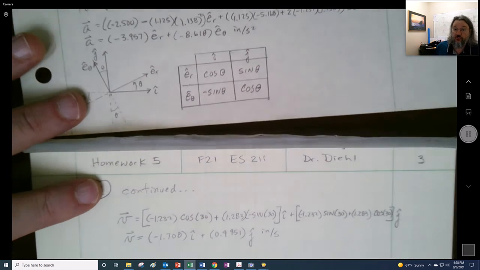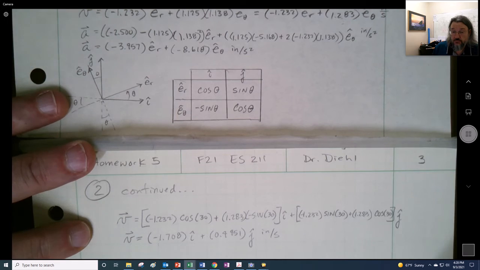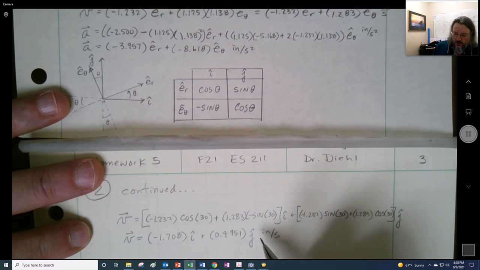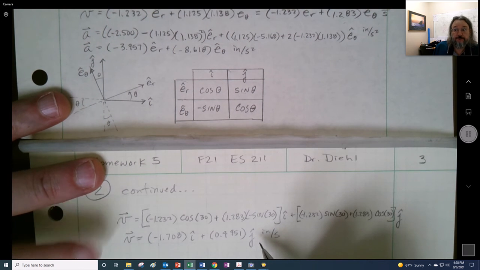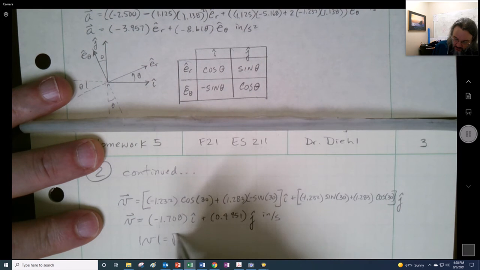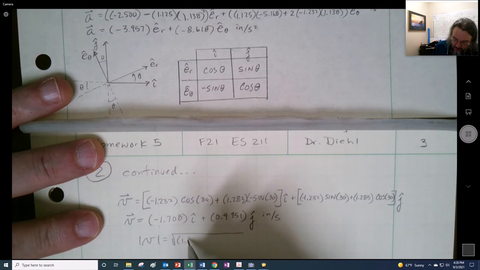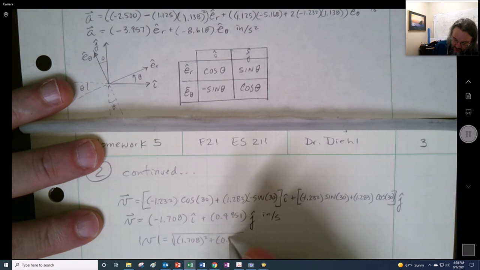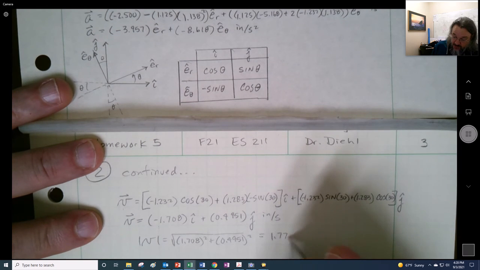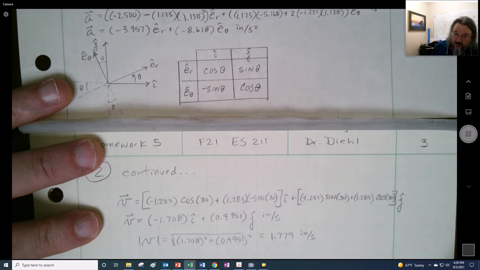Now, something that would be a really good idea right here, especially if you want to get the bonus, is to find the magnitude and direction of the velocity. So we take the square root of 1.708 squared, so this can be the speed, and 0.4951 squared, and I end up getting 1.779 inches per second.